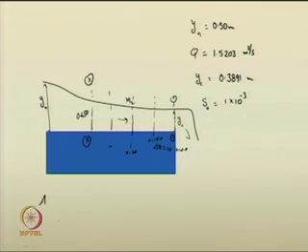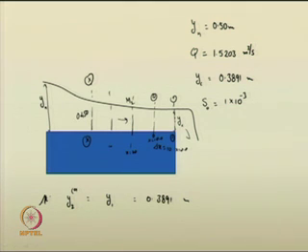When you go for section 2, you know the properties at section 1. So, y 2 in the 0th iteration is taken as y 1, which is the critical depth 0.3891 meter, fine.